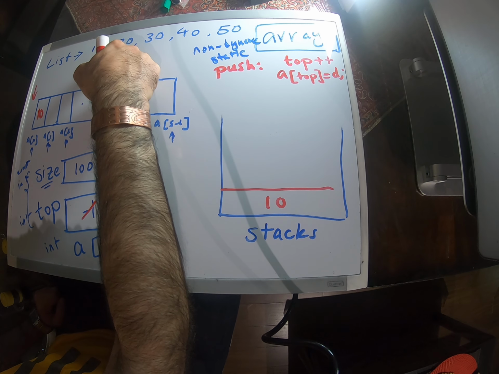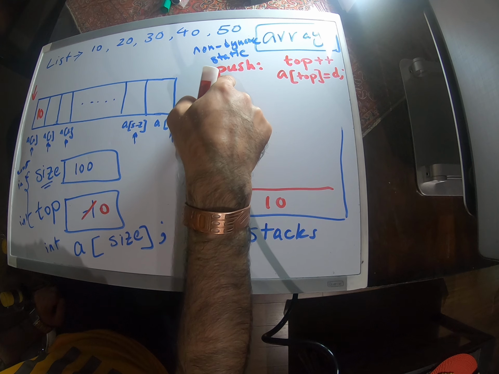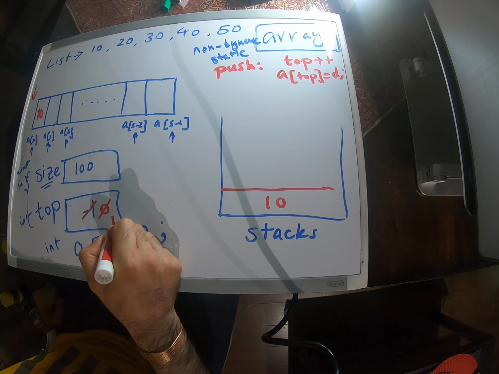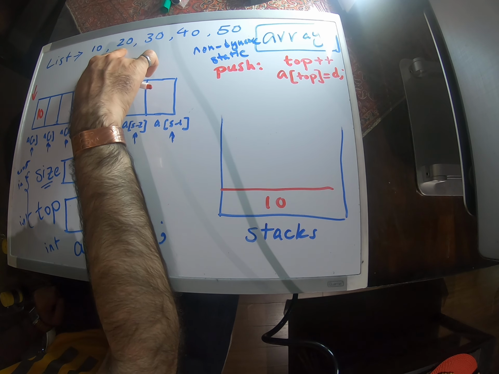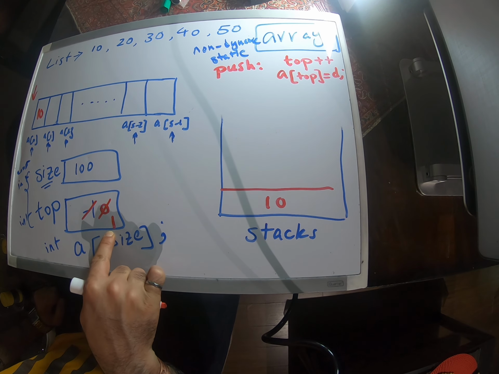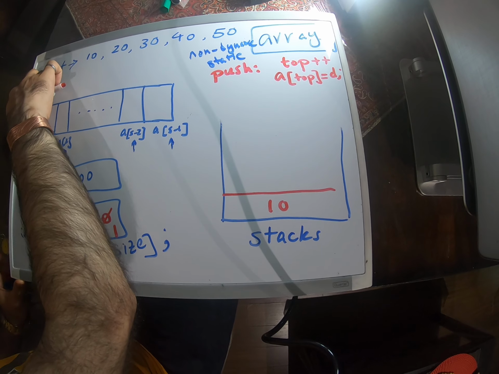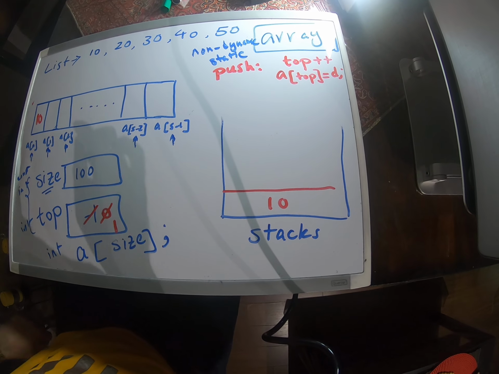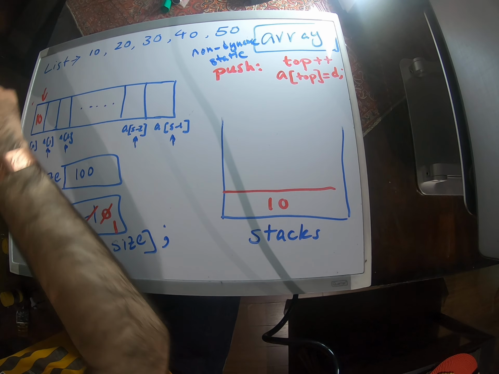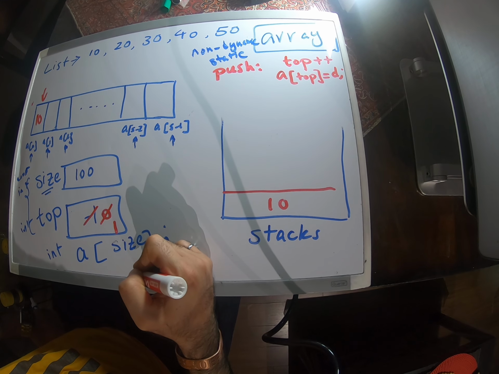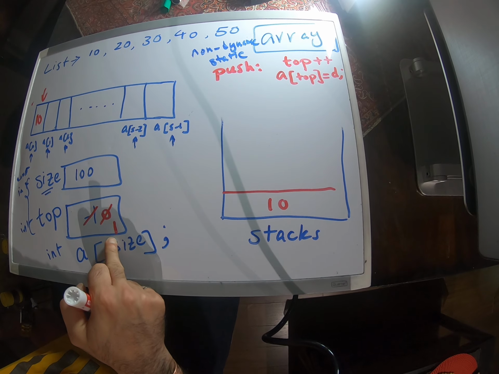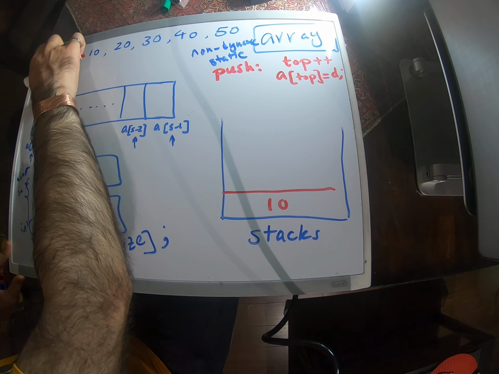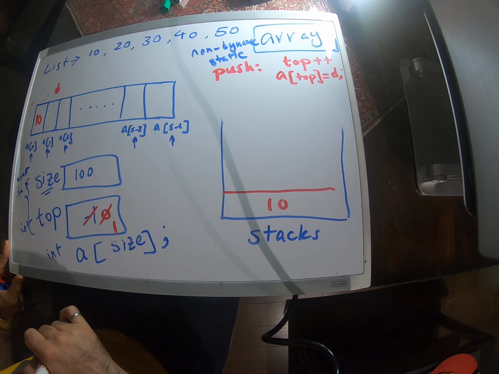Then if we want to push another one, if we call the push function one more time, top becomes 1, and we place the number at a[1]. At this point, this is the top of the stack. Next time we call push, the top is going to move again.